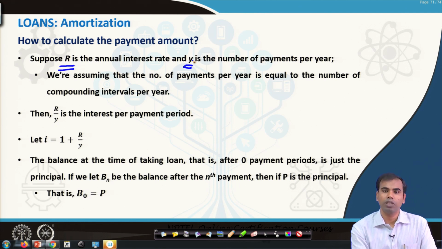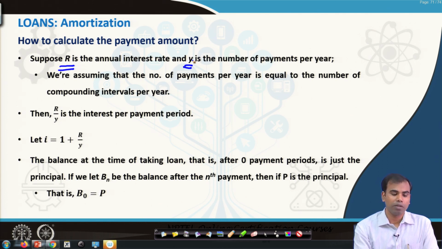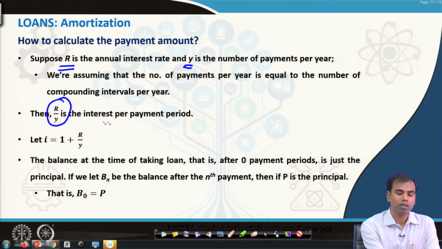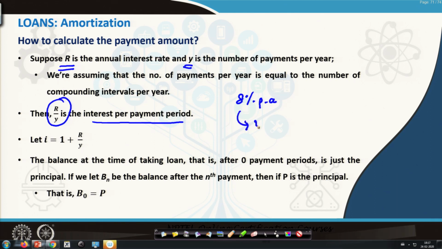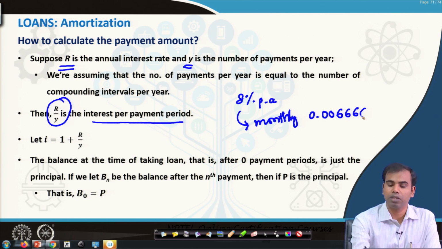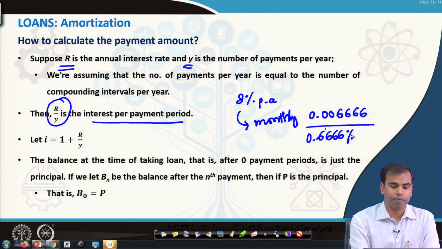So, if R is the annual interest rate and Y is the number of payments per year, then basically the interest rate per payment period is R by Y. In previous example, we know that 8% interest rate per annum compounded monthly becomes 0.006666, which is basically 0.6 percent.